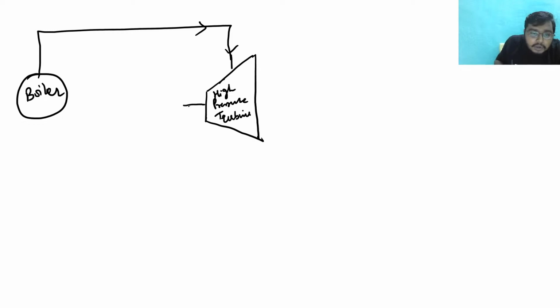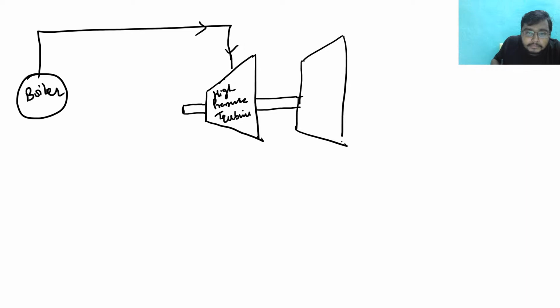Now there is a same shaft, and this same shaft is connected with the low pressure turbine. And through this low pressure turbine, now see what is happening. From the boiler, that is at state 1.